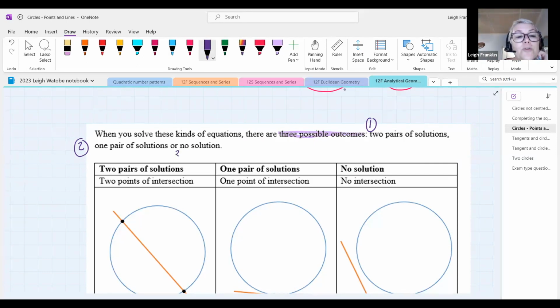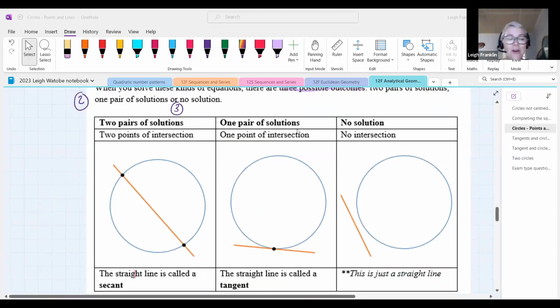Or the third option is that there is no solution at all. Yes, it's a secant, Lisa, quite right. It goes through the circle twice. Thank you so much for that lovely word. If there are two pairs of solutions, there are two points of intersection and the straight line is called a secant. We call a straight line a secant when it goes through a circle twice.